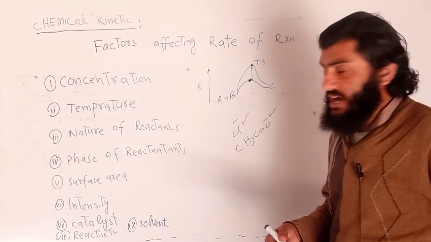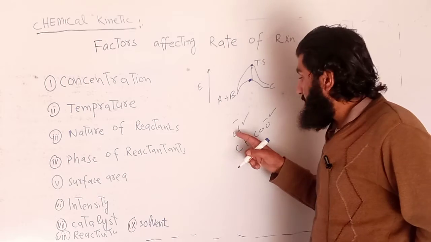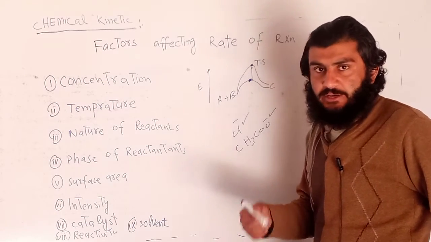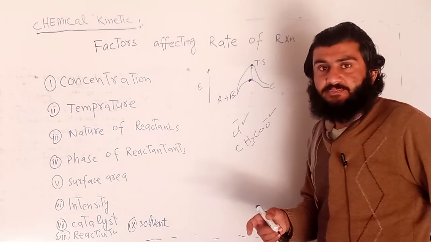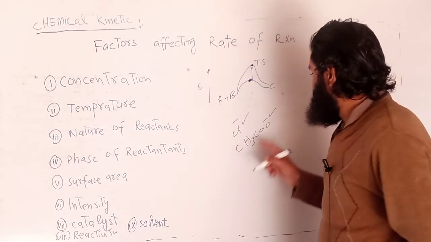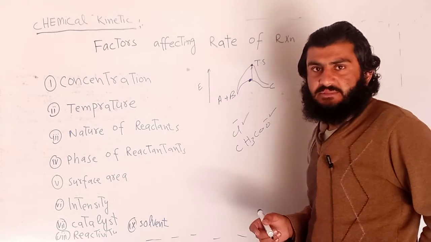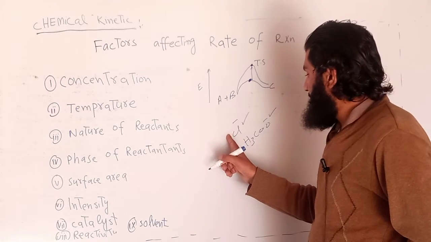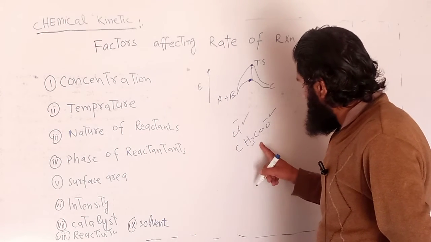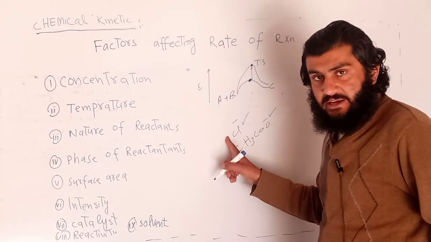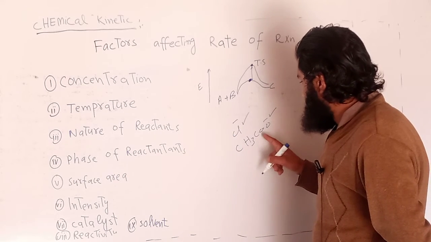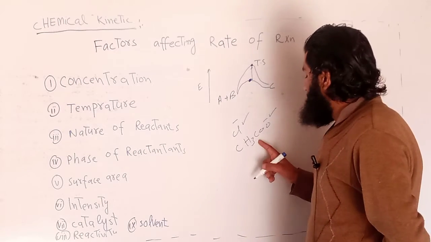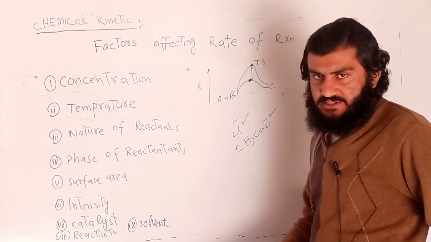HCl is a strong acid. The stronger the acid, the weaker its conjugate base. It means Cl negative is a weak conjugate base, so its reactivity is less than the acetate ion. The reactivity of the acetate ion is greater than the chloride ion, and if the reactivity increases, the rate of reaction increases.